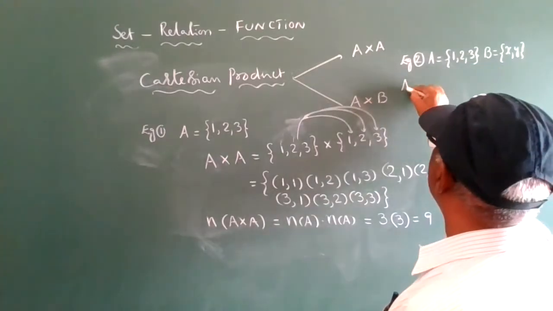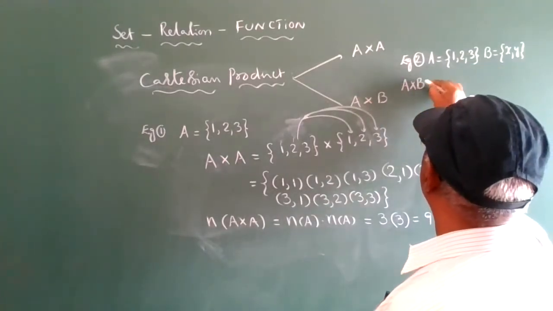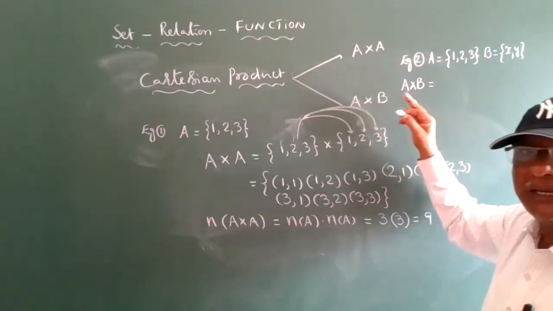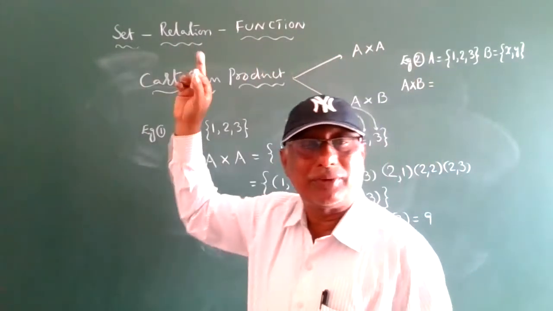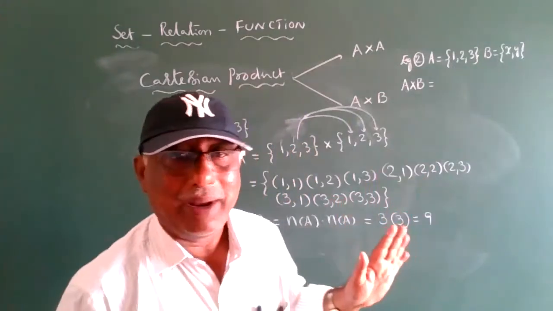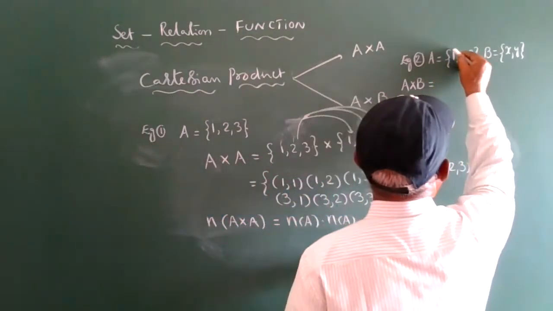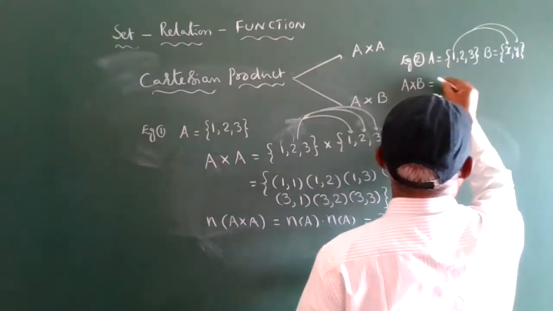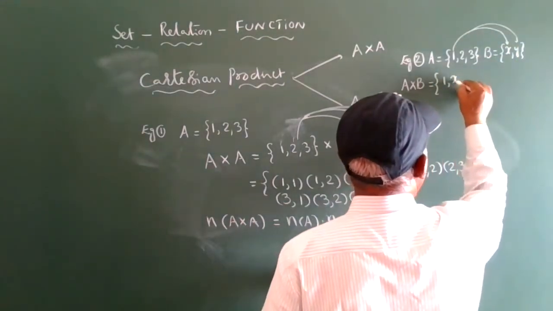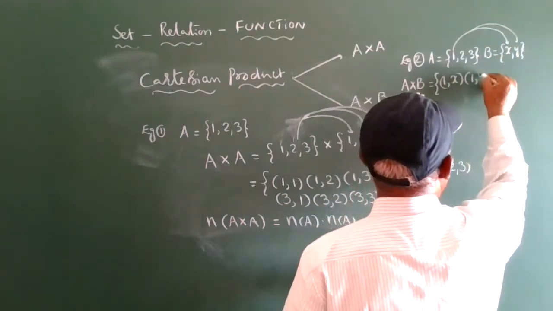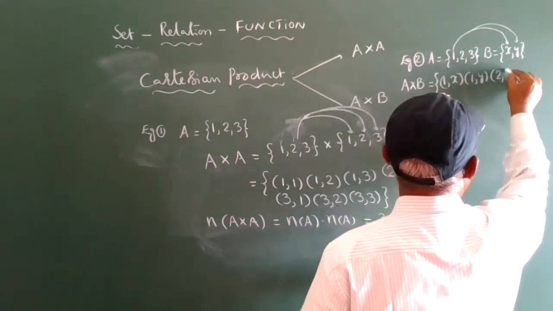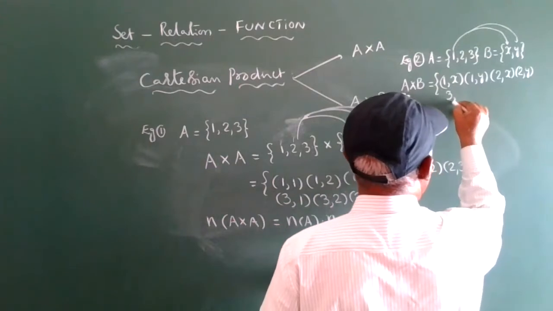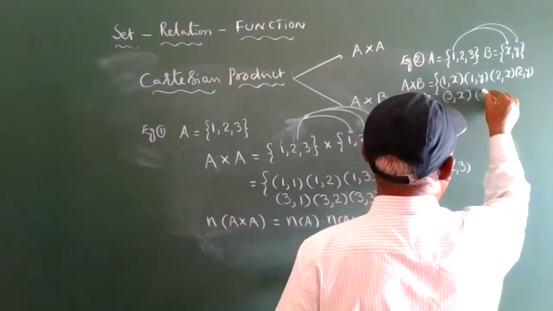Now write down A cross B. Each element of the first set is repeated with the number of elements in the B set. First set element 1 is repeated with x, and 1 with y. So (1, x) and (1, y). Next (2, x) and (2, y). Then (3, x) and (3, y).